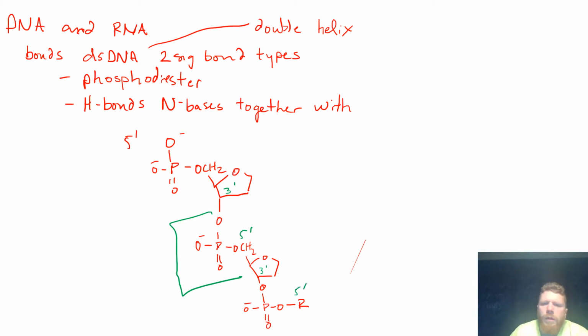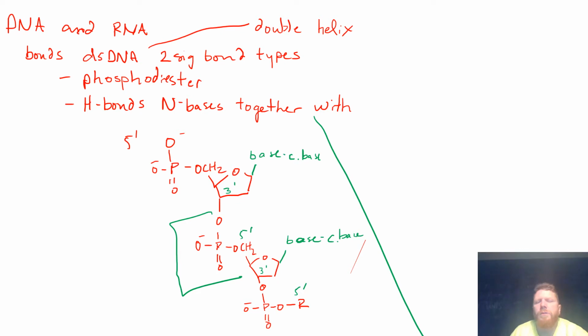If we look over here, our base for this strand and our base for this strand, what we would actually have is a complementary piece of DNA, in which case we have the complementary base, hydrogen bonds, and our complementary base over here, hydrogen bonds.